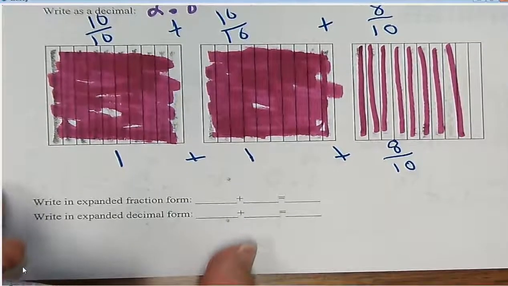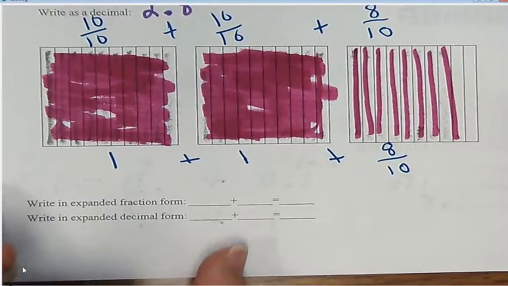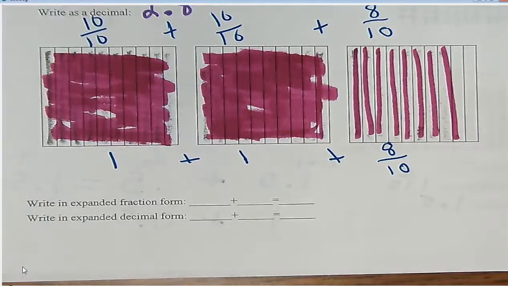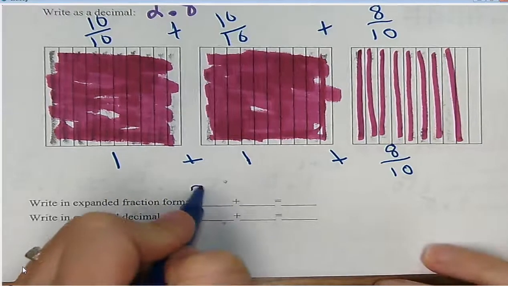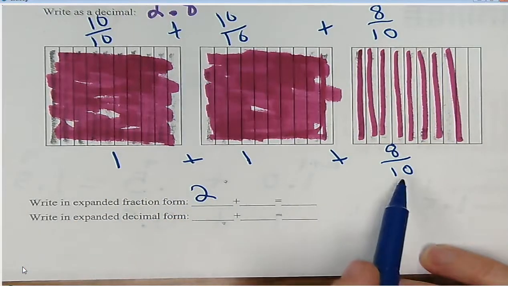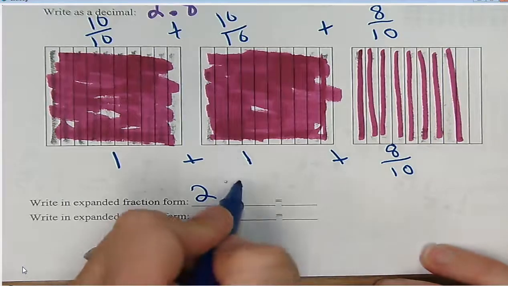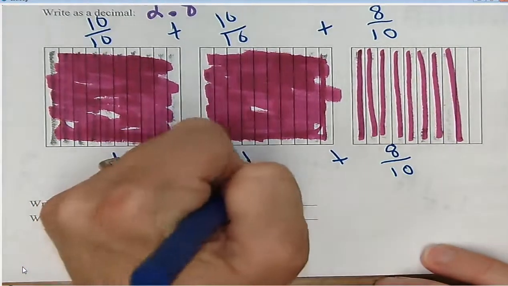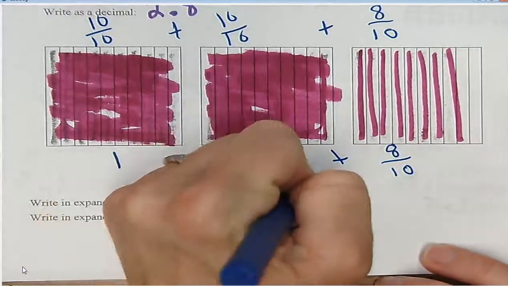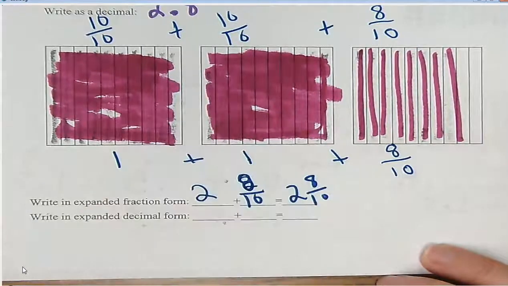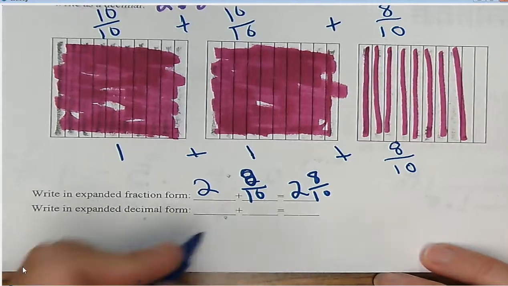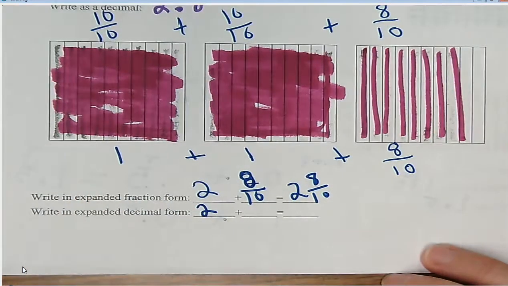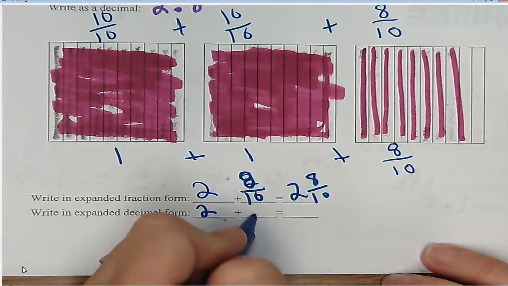All right, expanded form, fraction. Well, we have how many ones? 2 plus 8 tenths is 2 and 8 tenths. Expanded decimal form would be 2 plus 8 tenths.